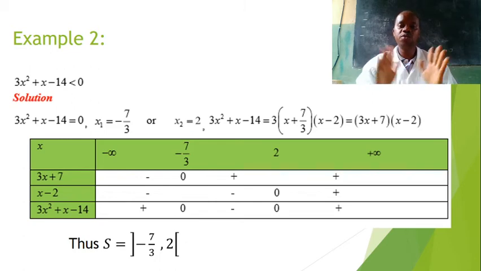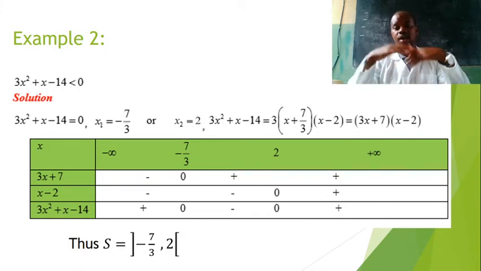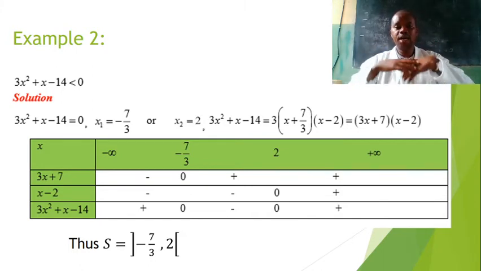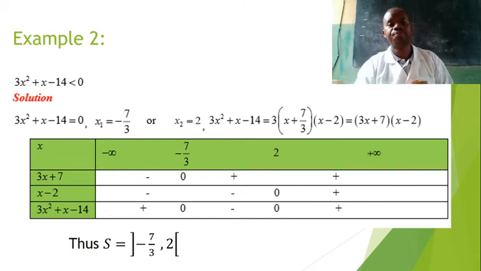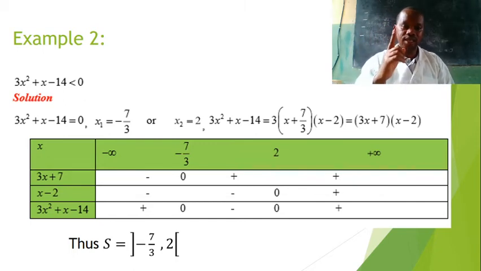If you use any way of your choice, by using the discriminant, which is the quadratic formula, by using grouping, by using sum and product, or the other ways that you know, we'll find that x1 is equal to minus 7 over 3, or x is equal to 2.